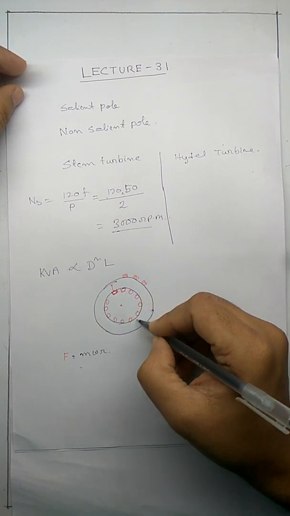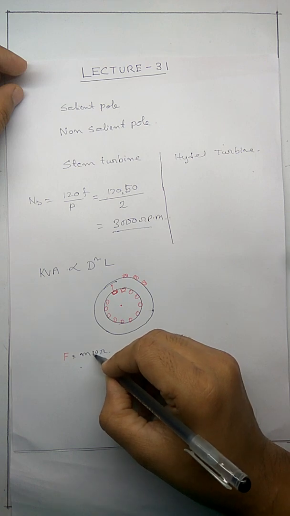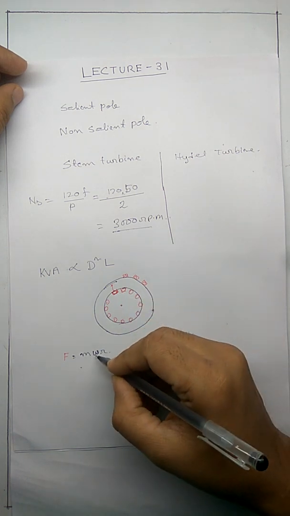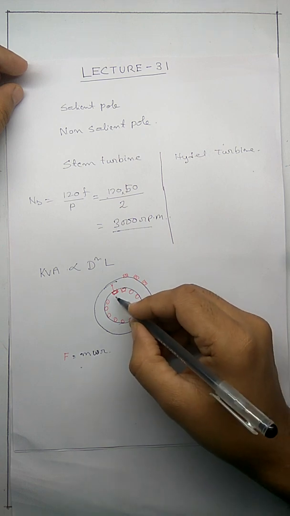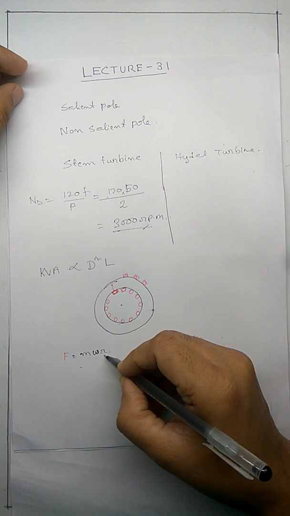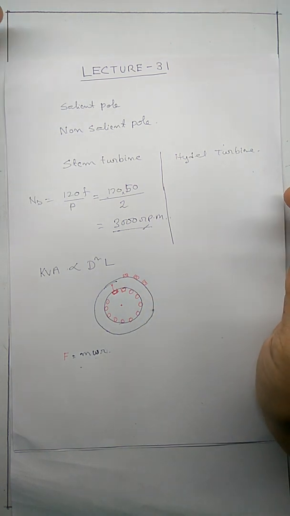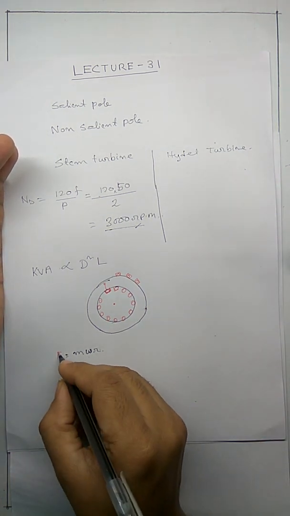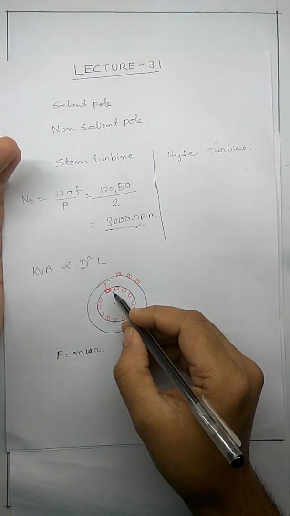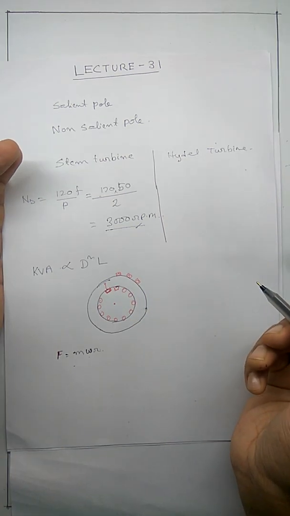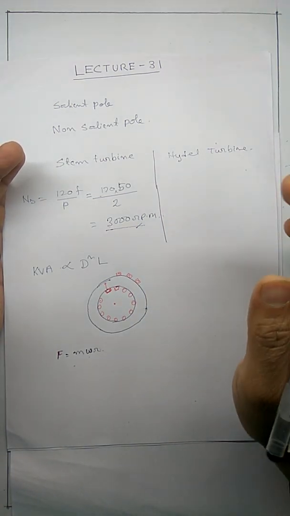Radius. Now you cannot reduce m, the mass of this coil. You cannot reduce omega, the speed is decided by this, but you can reduce r. So if you make the machine smaller and smaller in diameter, the centrifugal force that is experienced by this coil will be small, and it will be easy to fabricate the machine.